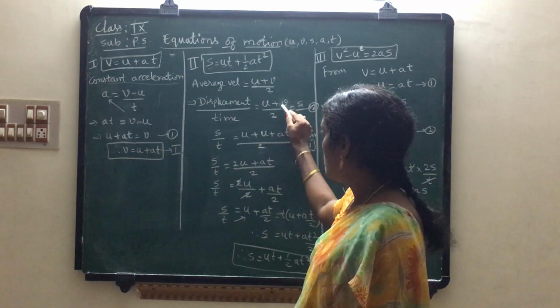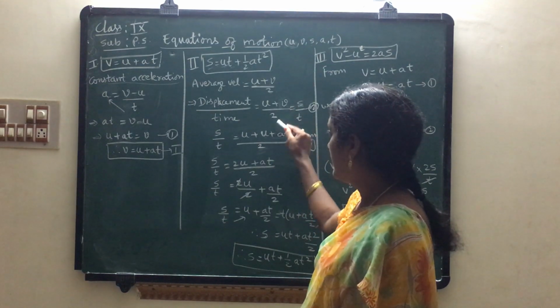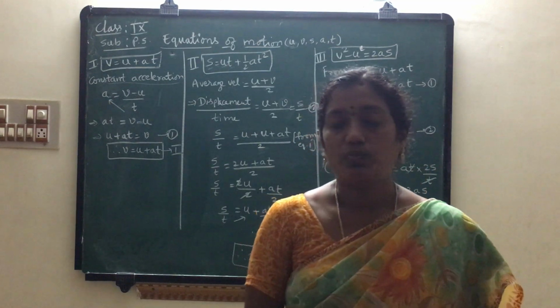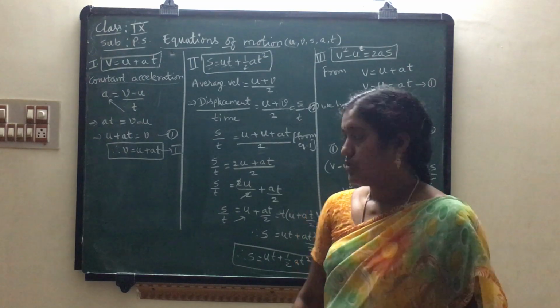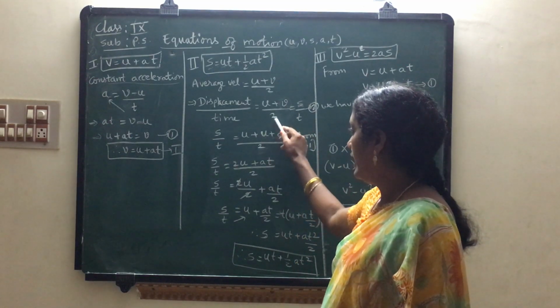Here in place of this v, I am substituting u plus at, from the first equation of motion. So in place of v, I am writing (u plus at) by 2.